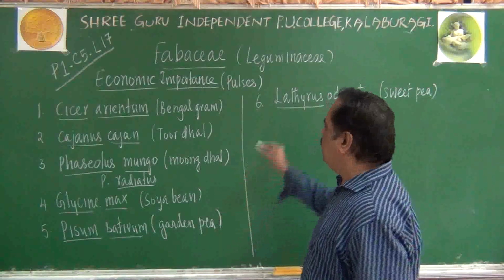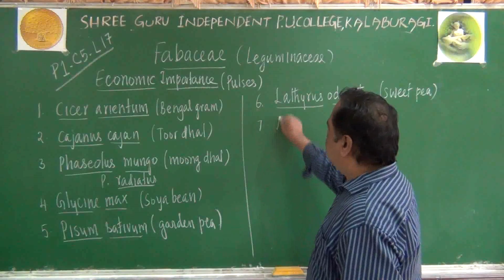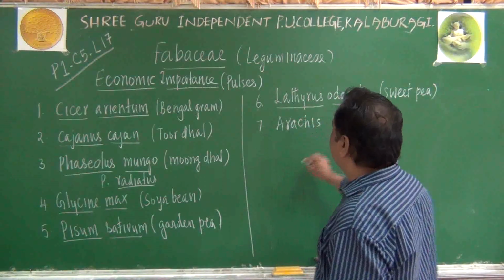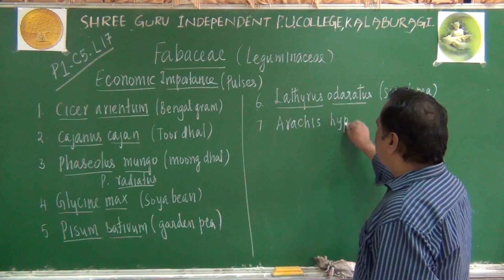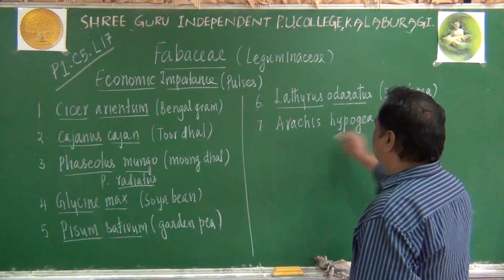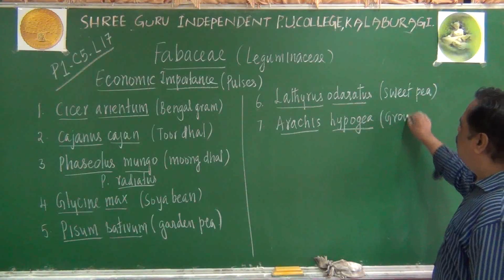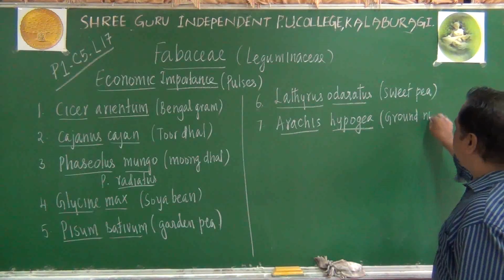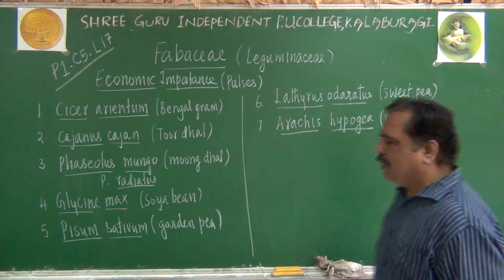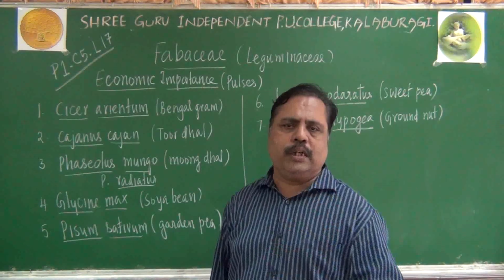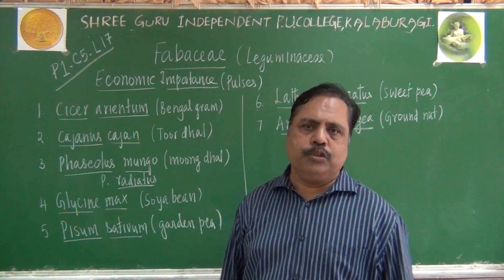When we come to oil yielding plants, you must know one important word called Arachis. Arachis hypogea we have to know. Arachis hypogea is nothing but groundnut. The groundnut plant is biologically called Arachis hypogea.